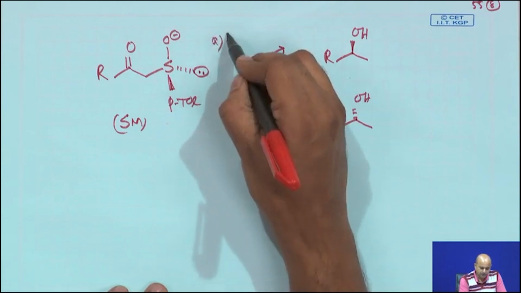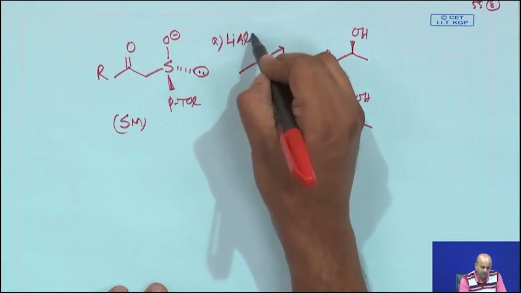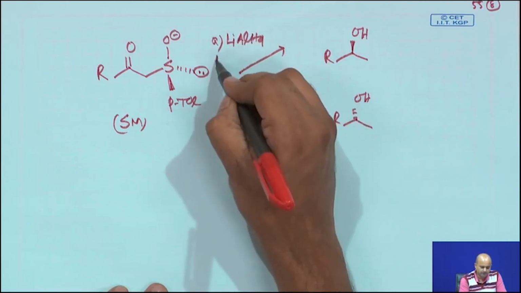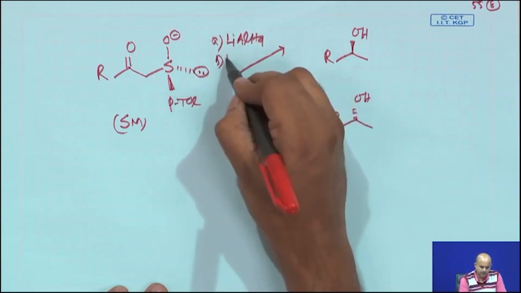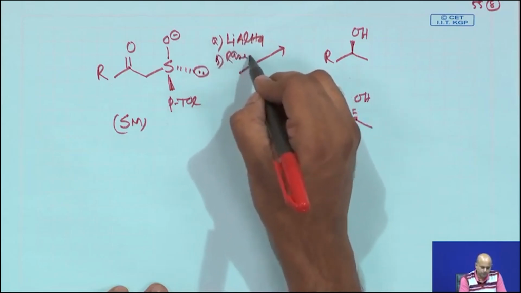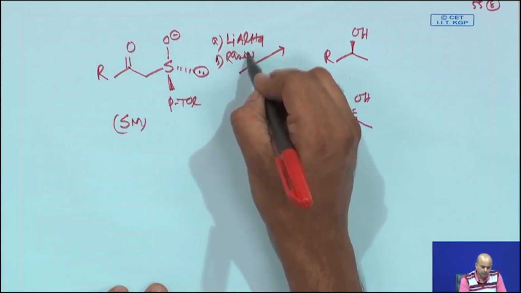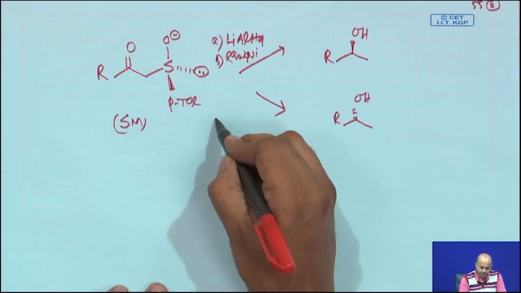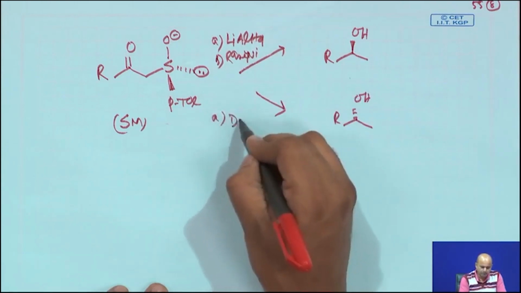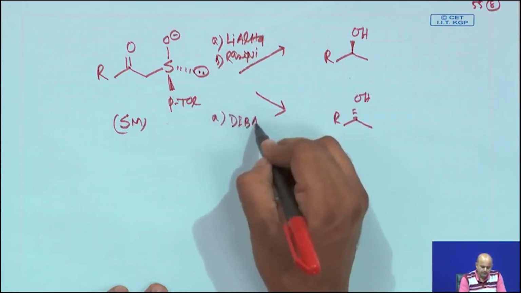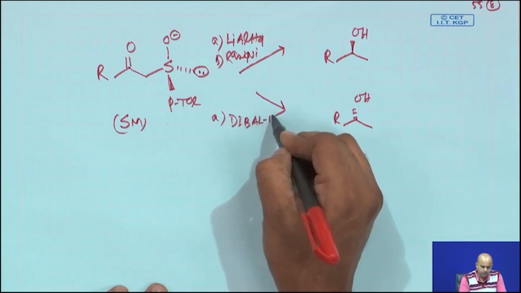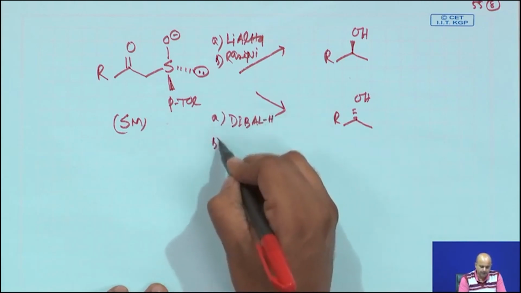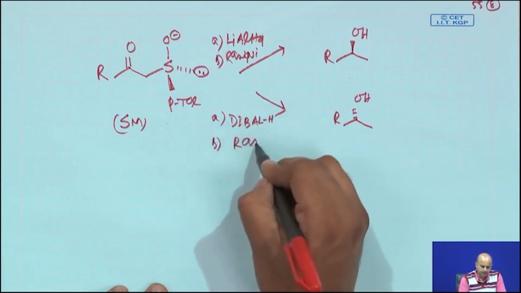Actually, I will now give you the reagent system. In the first case the reagent was lithium aluminum hydride, and I give Raney nickel to remove the sulfoxide bond. In the second case the hydride donor is a little bit different: instead of LAH you use a bulky hydride donor, and the remaining part is Raney nickel.